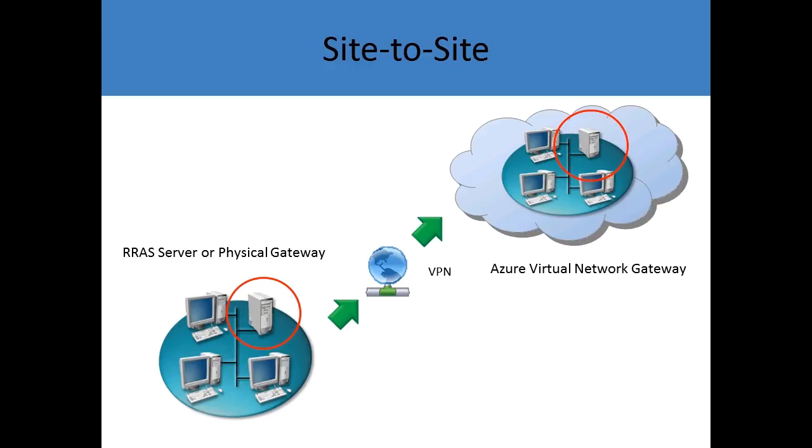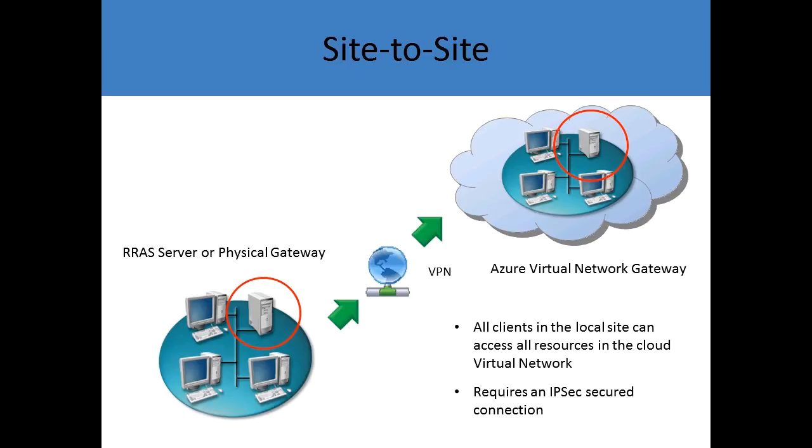Now, once that's done, what you get is that all of the clients in the local site can access all of the resources in the cloud-based virtual network. Now, obviously, there's permissions and security and things like that, but it facilitates the ability for all of the clients to access all of the resources if necessary.